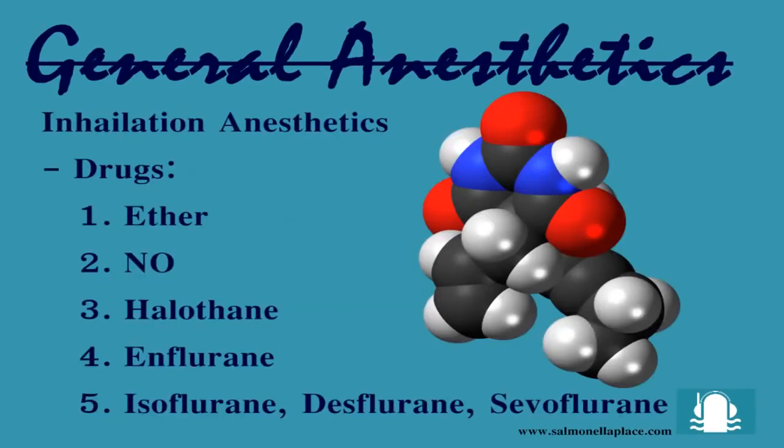Now I'm going to talk about the first subtype of general anesthetics, which is inhalation anesthetics. These are lipid-soluble molecules which affect the cell membranes and the cell membrane proteins. They inhibit the excitatory transmission through glutamate and nicotinic acid, and they inhibit the potentiated transmission through GABA.